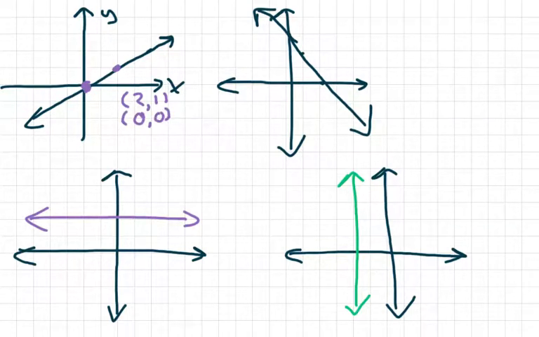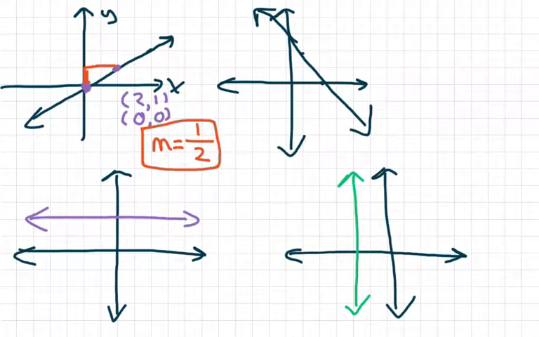So from these two points, I'm going to do the change in Y, which is your up and down. So we're going up 1. So my slope is going to be up 1 over my run. And I'm going to the right 2. If you go to the right, it's positive. So my slope is 1/2.